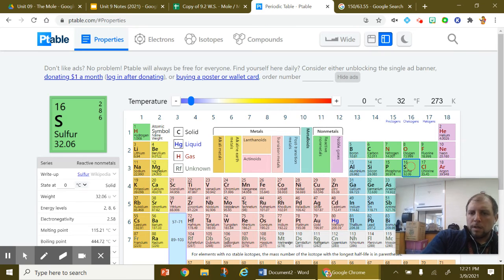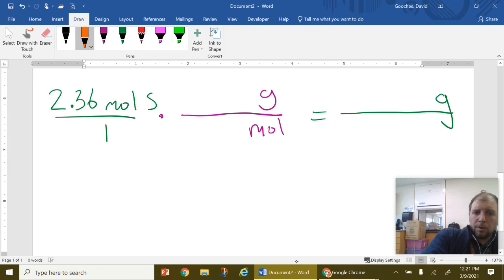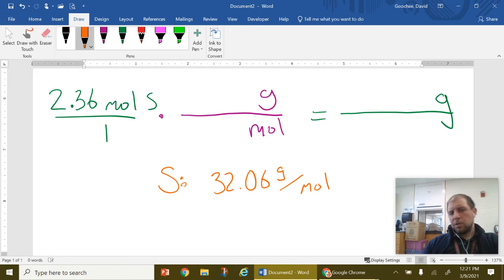Sulfur has a molar mass of 32.06 grams per mole, 32.06 grams for every mole. Each mole weighs 32.06 grams. If I had 1 mole of sulfur atoms, 602 sextillion sulfur atoms, it would weigh 32.06 grams.